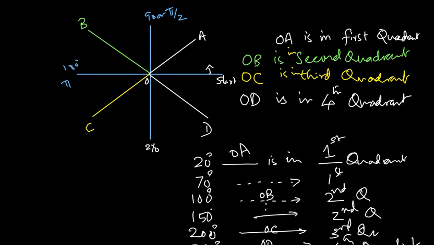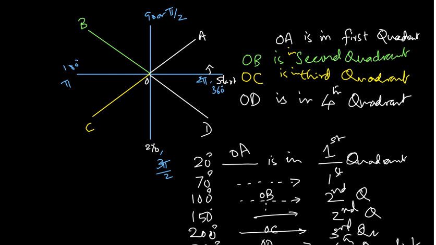This is 270 degrees or 3 pi by 2 radian. This is 2 pi radian, 360 degrees. So you can keep on moving in the circle, and you should be able to make out.